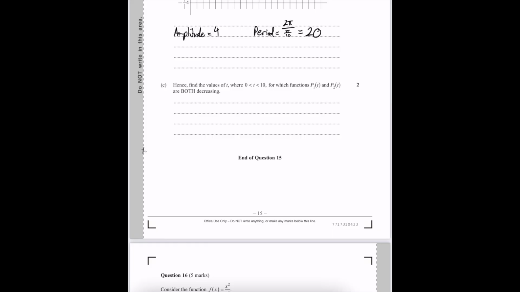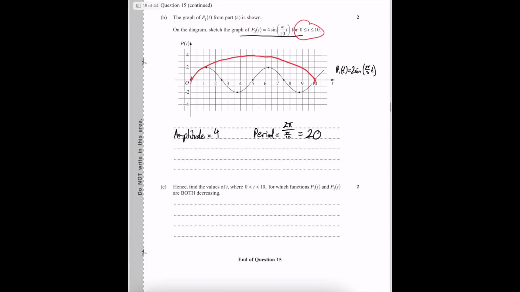Part C then says, hence find the values of t from 0 to 10 for which the functions p1(t) and p2(t) are both decreasing. So we just need to use the sketch, and we need to say, well, p2(t) is decreasing from 5 to 10, because it's essentially decreasing from here to here.